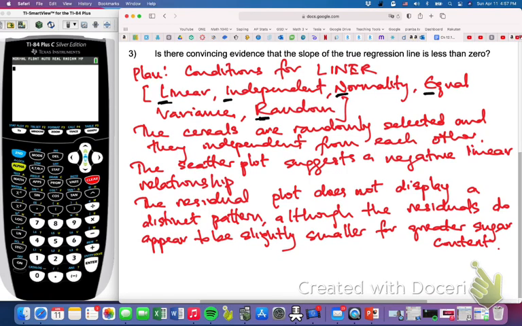So the one condition here that is really iffy is testing for the normality condition. To say that the data collected is normal or approximately normal, we need a few things. We need the normal probability plot, which is not given in this case. But if the normal probability plot shows a linear pattern, then you can say that the data is approximately normal. Or you can look at the histogram.